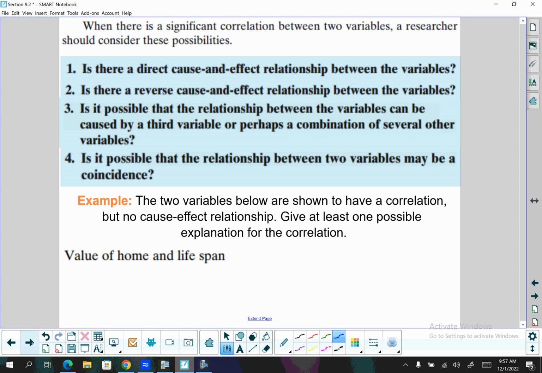Here we have value of a home and lifespan. So let's say as value of a home increases, lifespan increases. What is one other variable that could make those both happen simultaneously? There's one thing that could affect value of a home and lifespan.